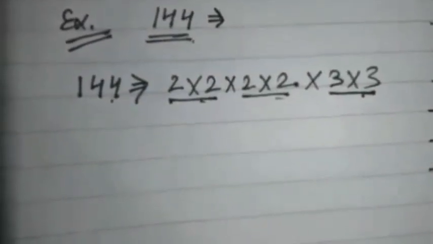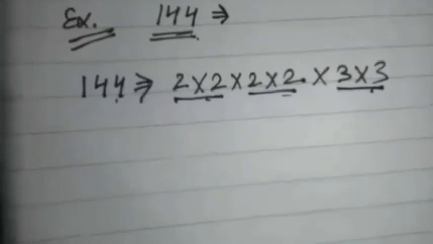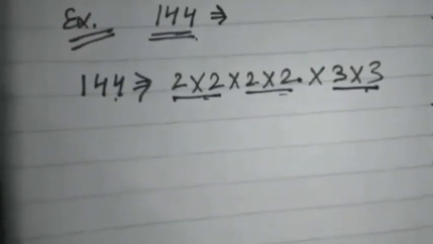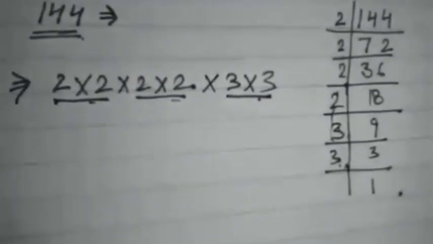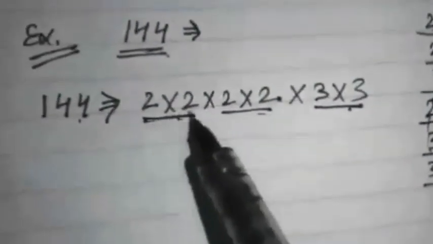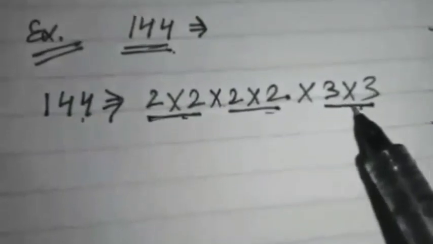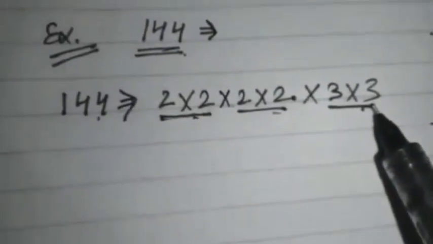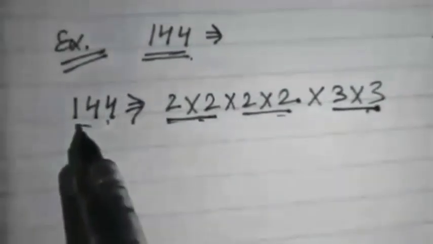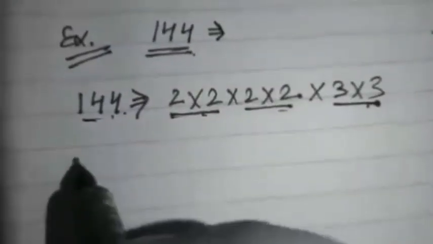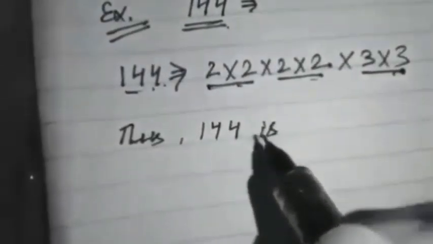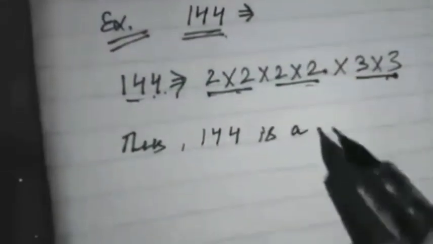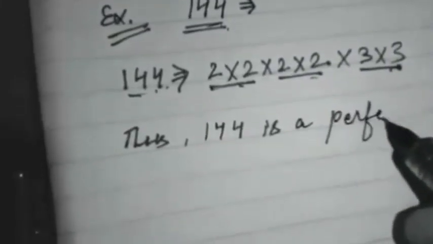So the simplest method is that first of all we find the prime factorization, and if all the prime factors are properly paired, then that number is a perfect square. So we can write thus: 144 is a perfect square.